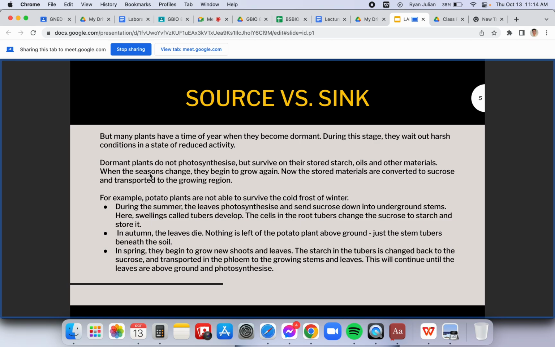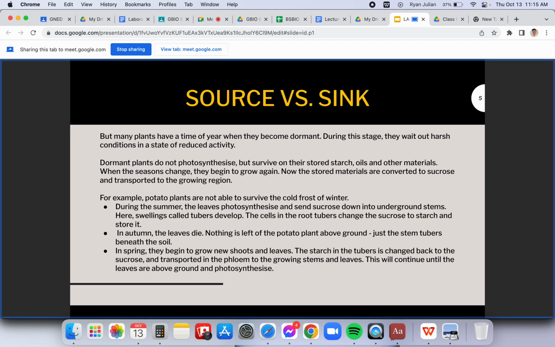Now, for additional information regarding source and sink, many plants have a time of year when they become dormant. When we say dormant, that means inactive, not performing any activity or cellular processes. During this stage, they wait out harsh conditions in a state of reduced activity.